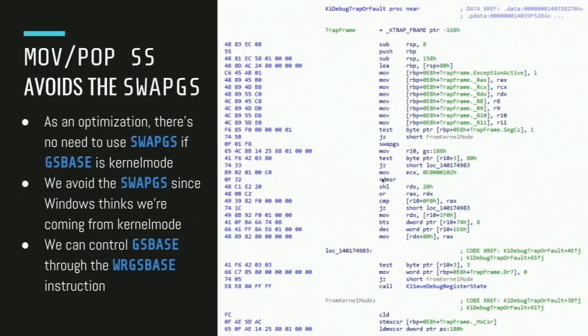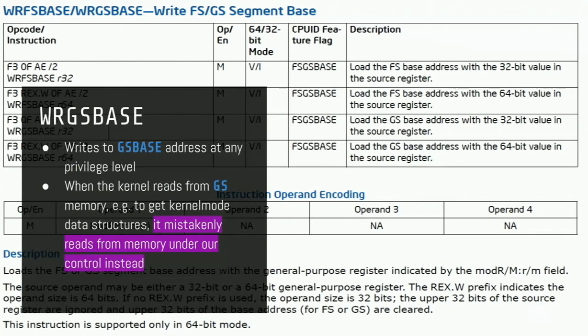and because it thinks it is, it skips this code. Now, because we control the thread environment block, and GS is the thread environment block in user mode, and we've entered this from user mode, we could overwrite parts of that thread environment block to cause the CPU to execute code wherever we want. But we don't want to do that because that gets a little more complicated. What we can do is just choose an arbitrary GS base, thanks to the fact that there's an instruction called WRGSBASE that lets you set any address there.